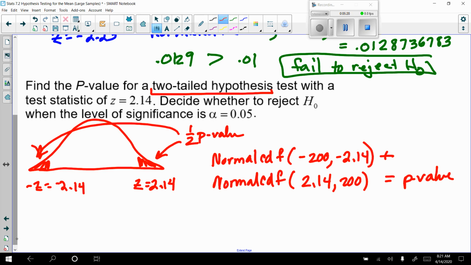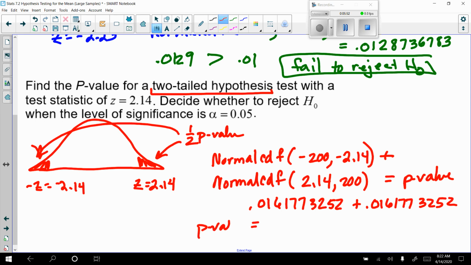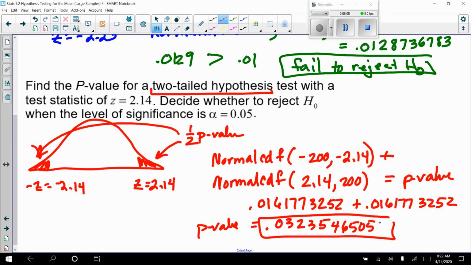So when we do normal CDF of negative 200 to negative 2.14, we get 0.0161773252, and then that would be plus the same exact thing, which gives us a p-value of 0.03235460505.